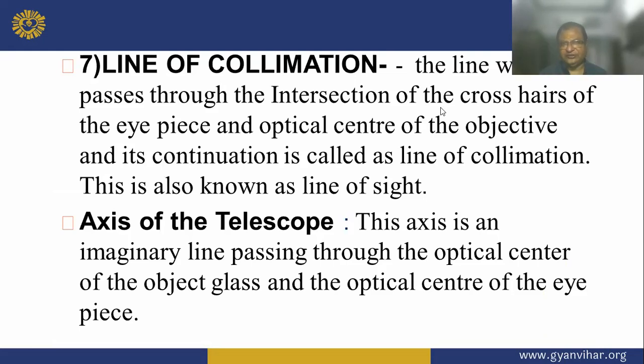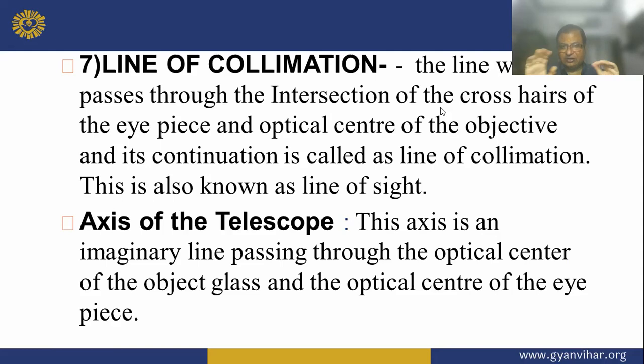Line of collimation. The line which passes through the intersection of the cross hairs of the eyepiece and the optical center of the objective, and its continuation, is called the line of collimation, and this is also known as the line of sight.